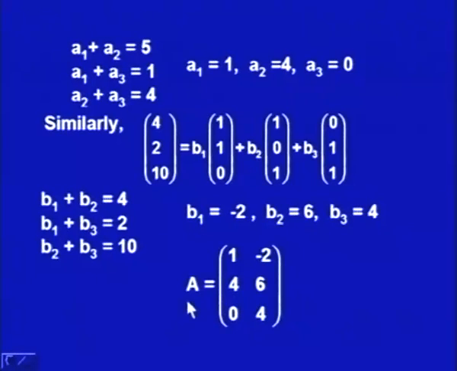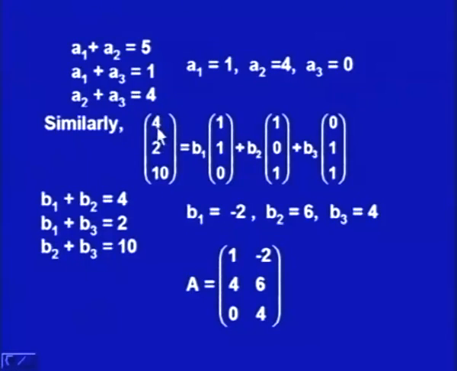So, we can say the matrix A is (1, 4, 0) and (-2, 6, 4). How do we get this matrix? This first column is the representation of the first vector T(e1) and this is the representation of the second vector (4, 2, 10). Since this is an ordered basis, we first write down the first vector and then the second vector.